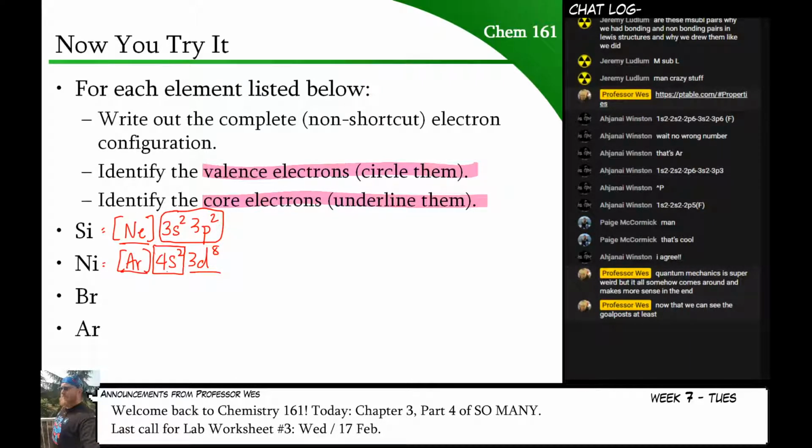Just circle the highest n. Bromine will be argon, 4s2, 3d10, 4p5. What's the highest n? N equals 4. We'll circle that one, and we'll circle this one. We'll underline everything else. Everything else is a core electron.